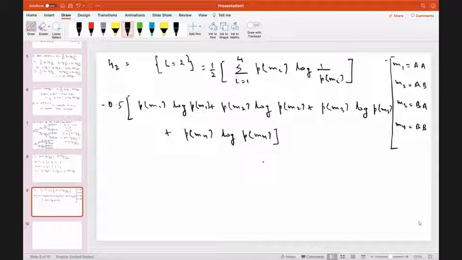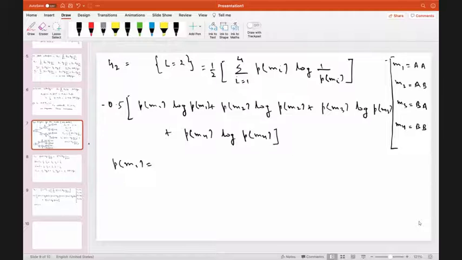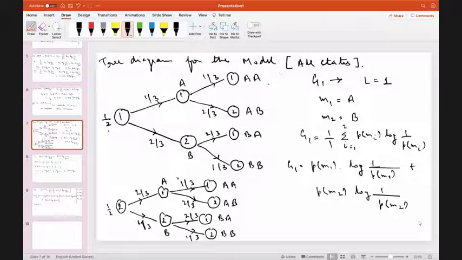Okay, so now this is what we need to evaluate, and let's look at now the probability P(M1). So if you look at the tree diagram, then P(M1) comes here, right? This is P(M1). So you are reaching state AA here also, and you're reaching state AA here also. So there will be a sum of these two. So that will be 1/2 into 1/3 into 1/3 plus 1/2 into 2/3 into 1/3. I will just write it like this.